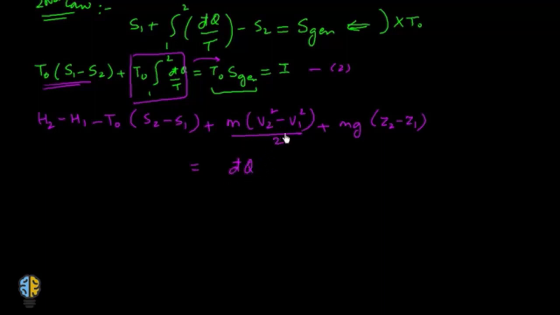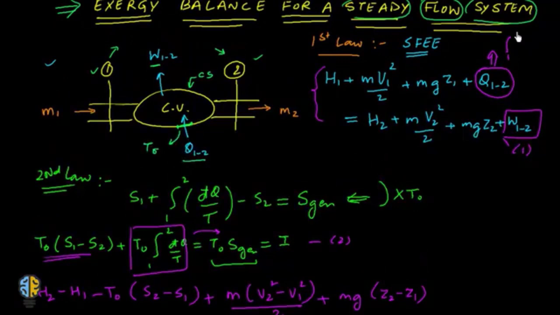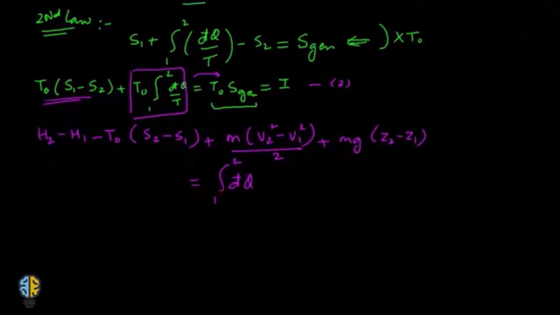For the whole process going from 1 to 2, this can be put as the integral 1 to 2 of dQ, which is the same as Q12.